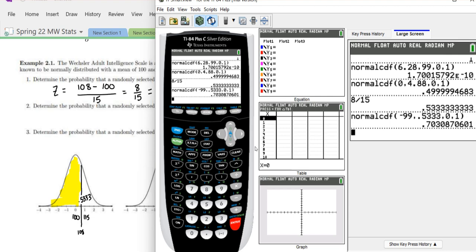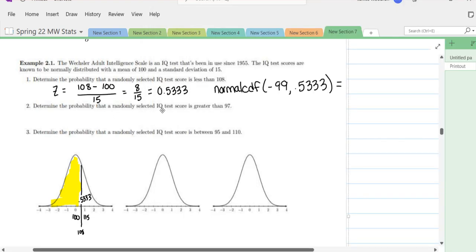That's going to give me 0.7031. So the probability that a randomly selected IQ test score is less than 108 is 0.7031. That's going to represent this area right here. Or I could have looked that up on the table as well.